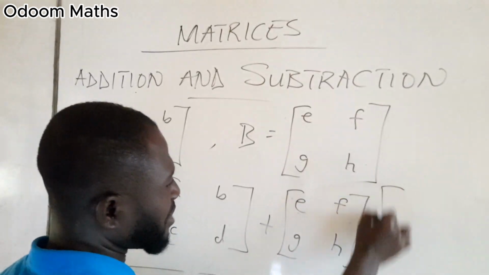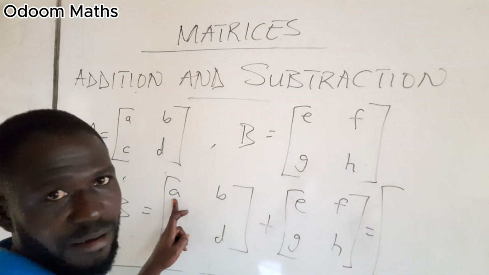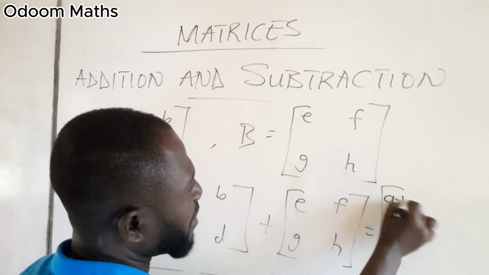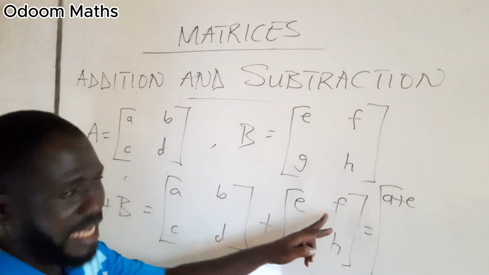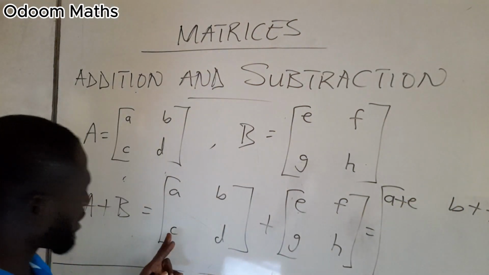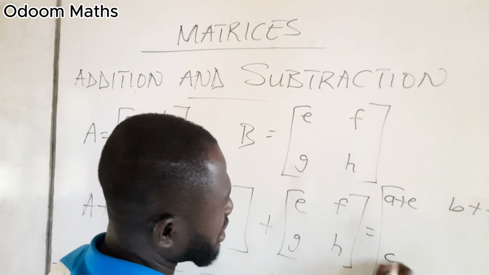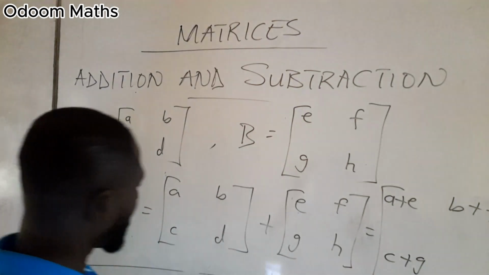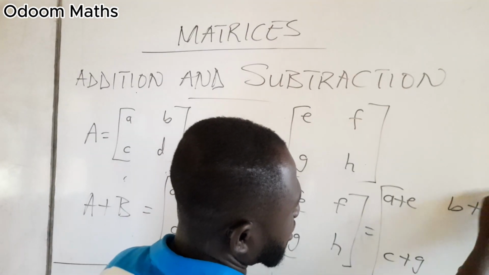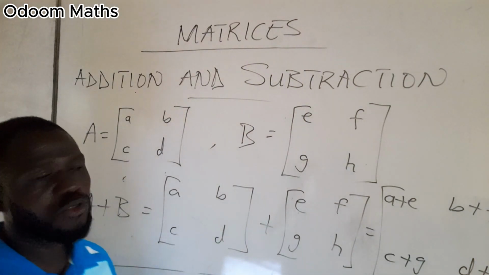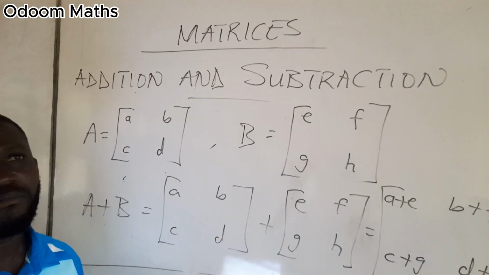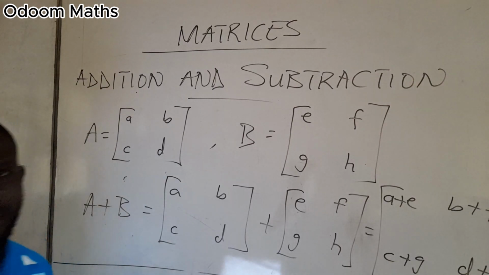So this is going to give me, please pay attention, A plus E, B plus F, then C plus G, and then D plus H. Now let's look at subtraction.